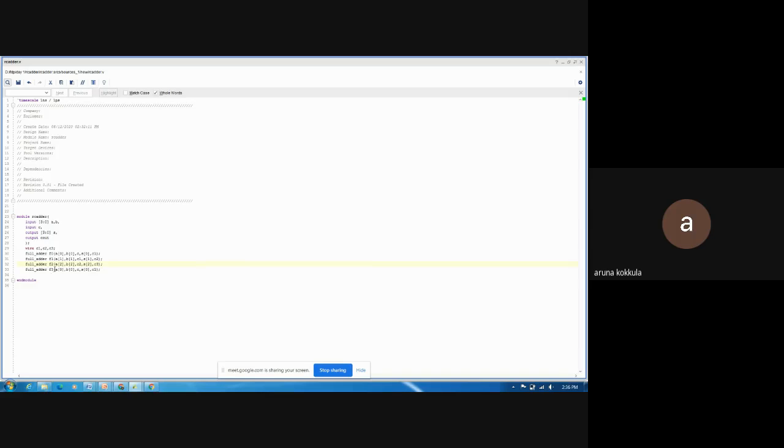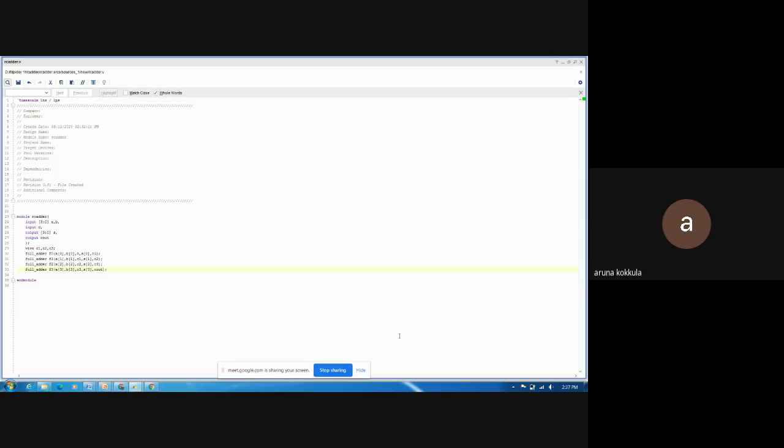The next full adder is F3 with the inputs A of 3, B of 3, and the output of the previous, that is C3, is acting as input for this, and the expected sum is S of 3, and the final carry is C out.